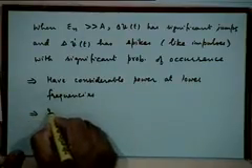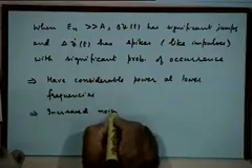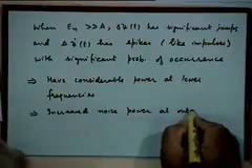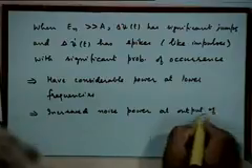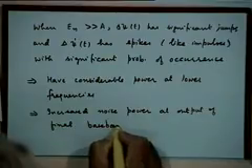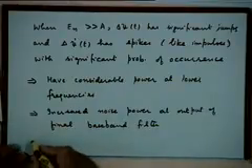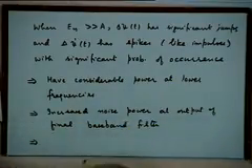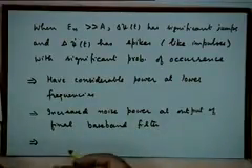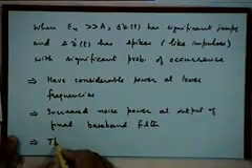And this leads to increased noise power at the output of the final baseband filter. And that is the reason for disproportionate increase in the output noise power as compared to what you should have expected because of the decreased SNR in the input, right? And that's why you have a threshold effect.